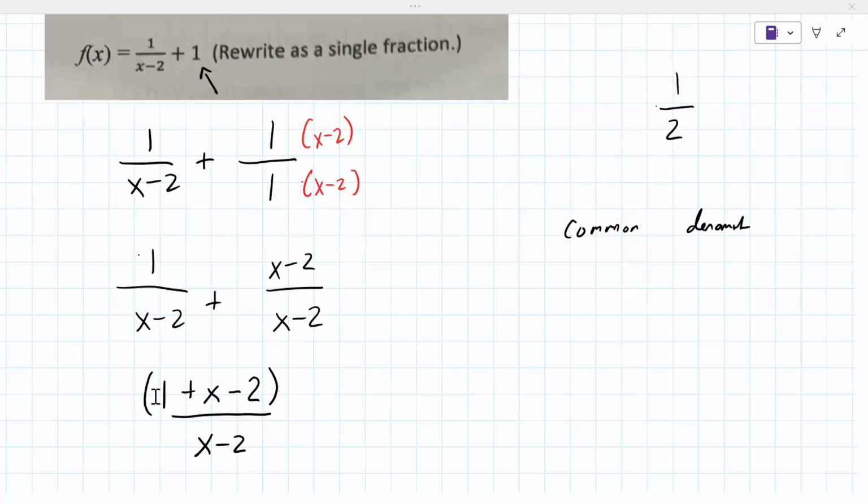I'm asking you to simplify the top here: 1 plus x minus 2. What does that become when you simplify? x.